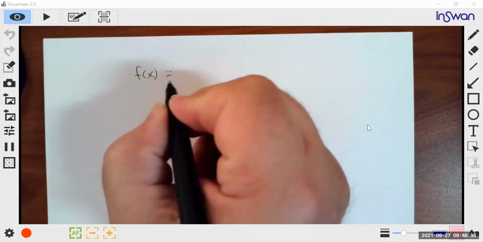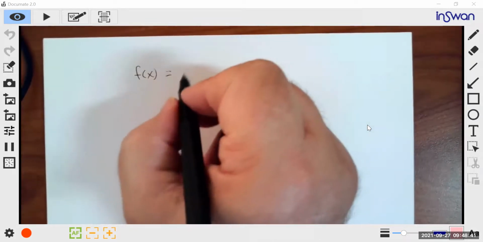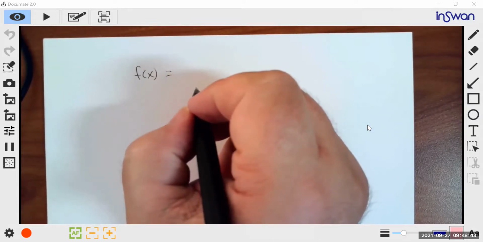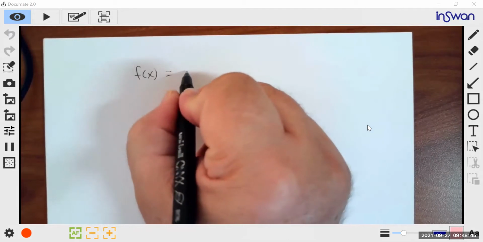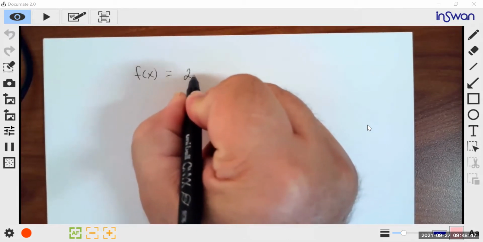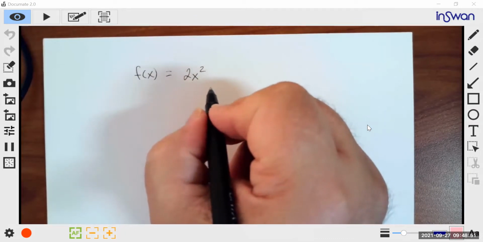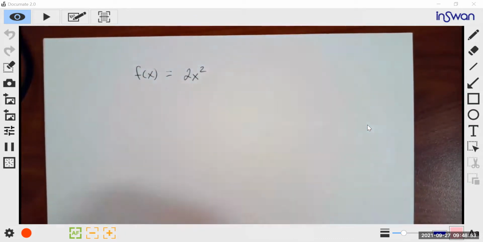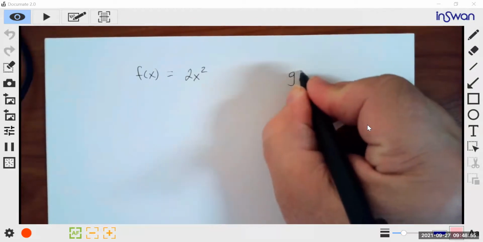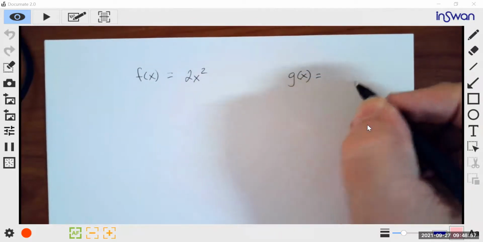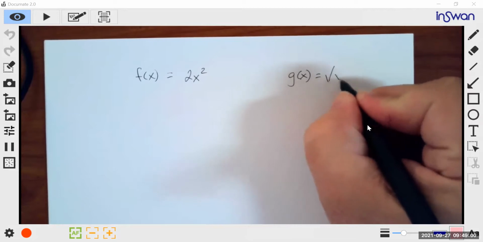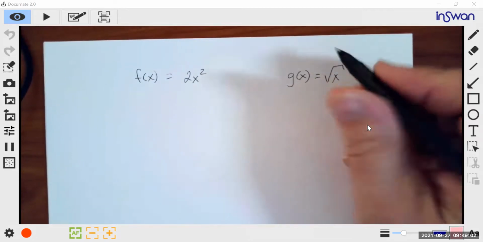f of x equals 2x squared. And g of x equals the square root of x.